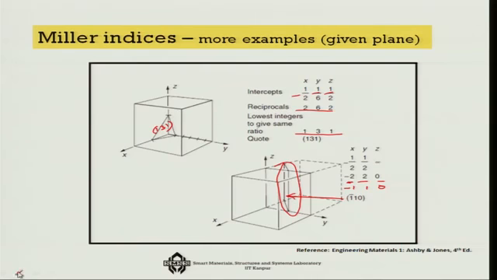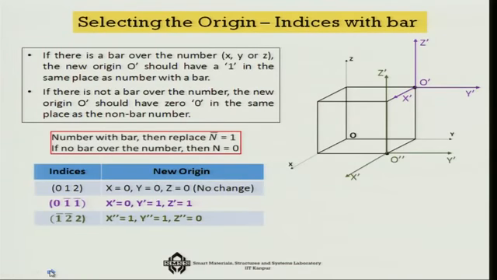So, thus we are trying to establish how under different cases you can consider the Miller index of the system. Now, there is a very simple way of selecting the origin when you have indices with a bar. If there is a bar over a number, which means a negative number, then the new origin O prime should have a 1 in the same place as the number with a bar.